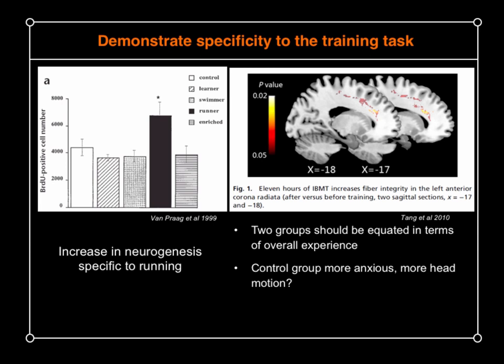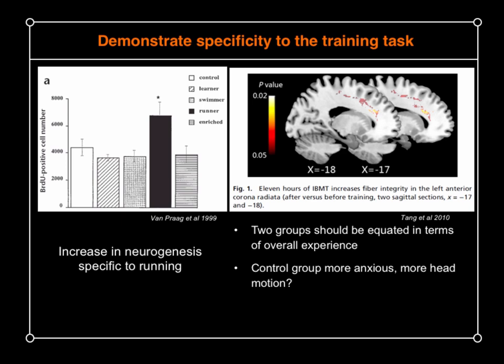So a clear confound that I think hasn't been taken care of here is that one thing that changes with IBMT or any sort of mind therapy is breathing or blood pressure, right? So if the benefit of IBMT is that people are now controlling their breathing, using breathing exercises, they're going to breathe like that in the scanner.